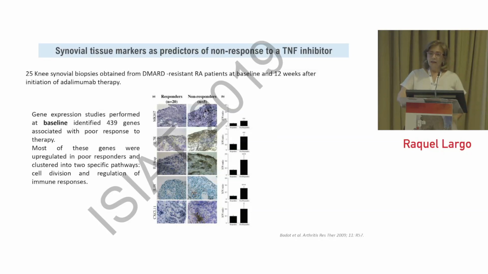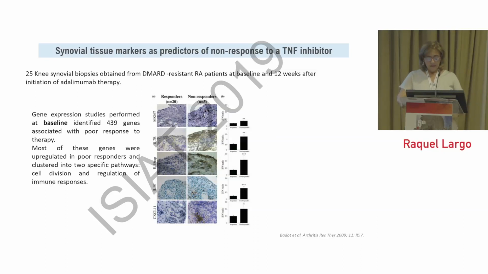Intriguingly, you can get an increase in the presence of these mediators if you treat cells with TNF, or with TNF plus IL-1, for example. But the presence of these kinds of mediators was not a good response marker, but a non-response marker.